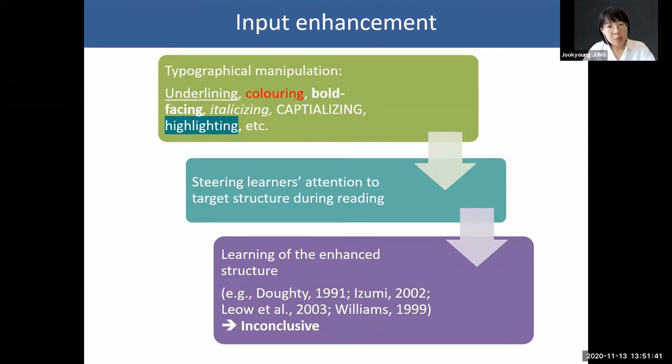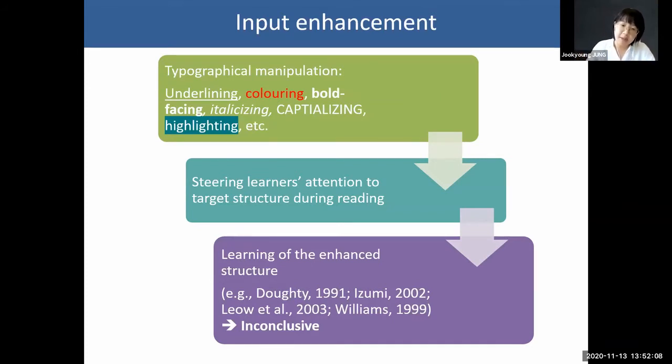And input enhancement has also been widely researched in our field. It is typographical manipulation of the target structure by using various devices, such as underlining, coloring, boldfacing, italicizing, capitalizing, or highlighting. You assume that by enhancing the saliency of those features, learners may be more likely to notice those target features while reading, which results in learning of those features.